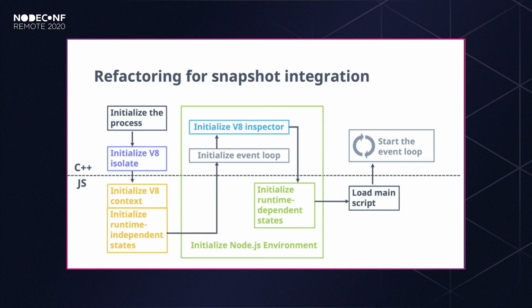After the refactoring, we essentially look at the runtime independent initialization of the context as a whole. We would take a snapshot from the context after these are done at build time, and load the snapshot at runtime.